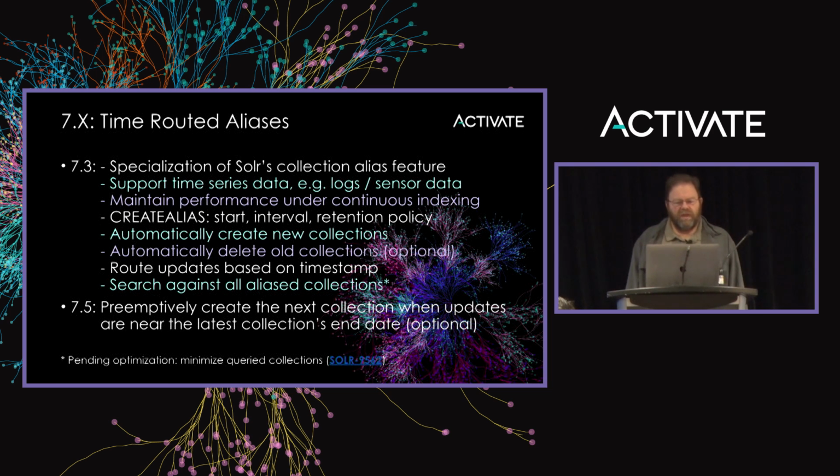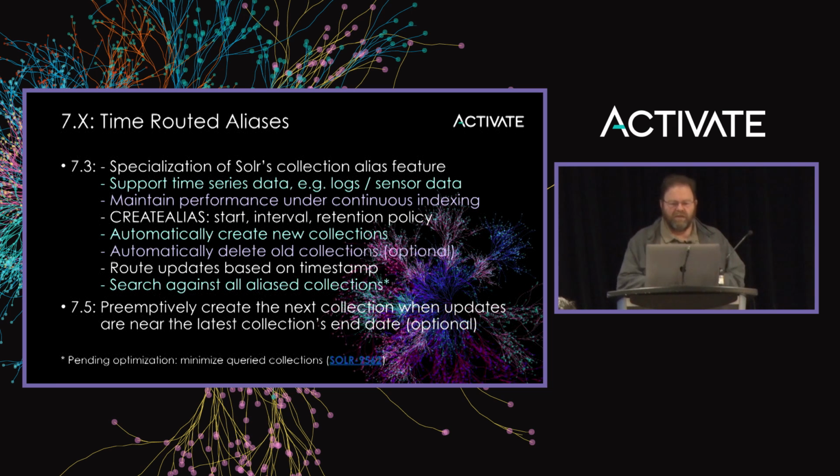You use this by using the create alias collection command and specifying a start date, an interval over which a collection will take updates, and a retention policy, such that you can optionally have collections for older data be automatically removed.